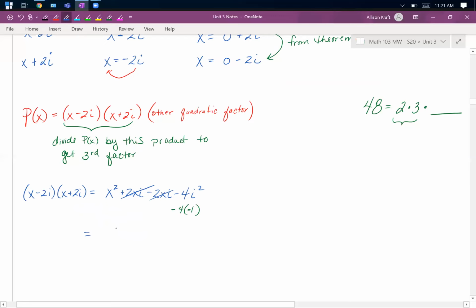So we get x squared plus 4. Questions on the multiplying? No. But that is not our third factor. That's like the 6 from 48. That is what we need to divide our original p of x by to get the third factor.